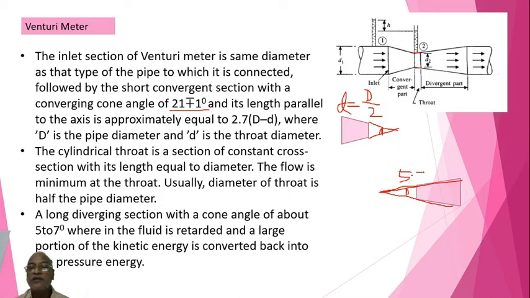You can just see here. So that's an important information, 5 to 7 degrees, whereas this is around 21 or 22 degrees. So this is opening up quite large. Here it is opening up quite less, right? The angle is quite less.